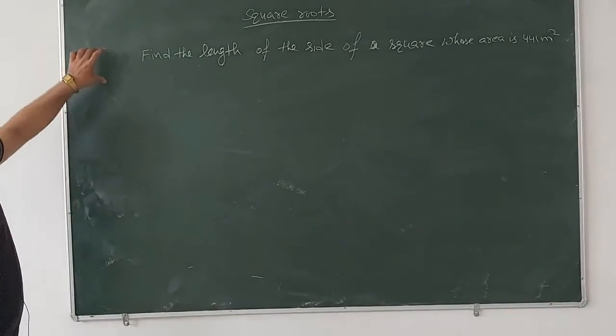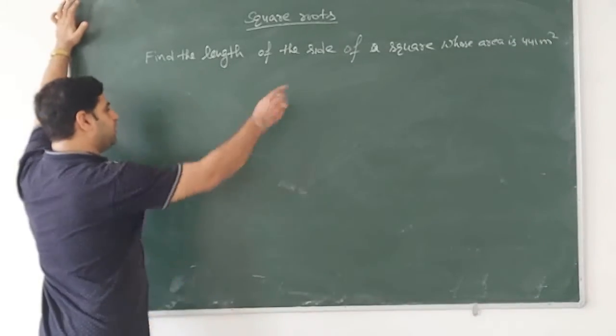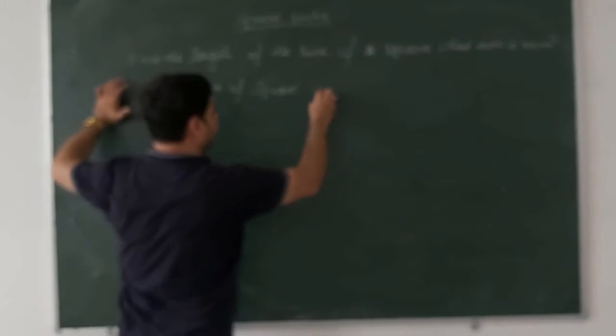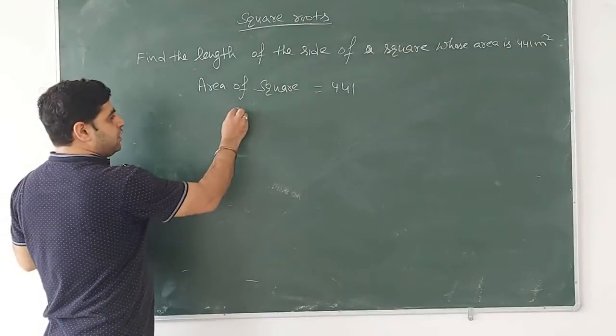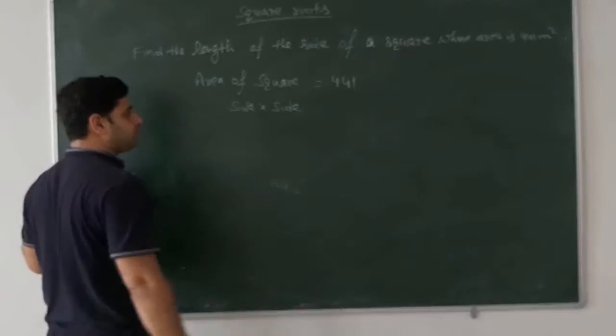The area of a square, side multiplied by side, is equal to 441. This means side square is 441. Taking square root on both sides.